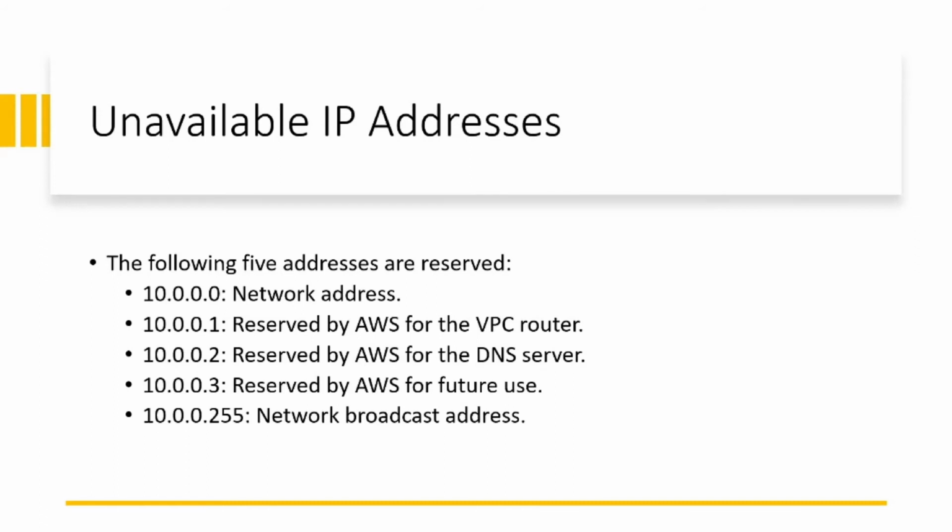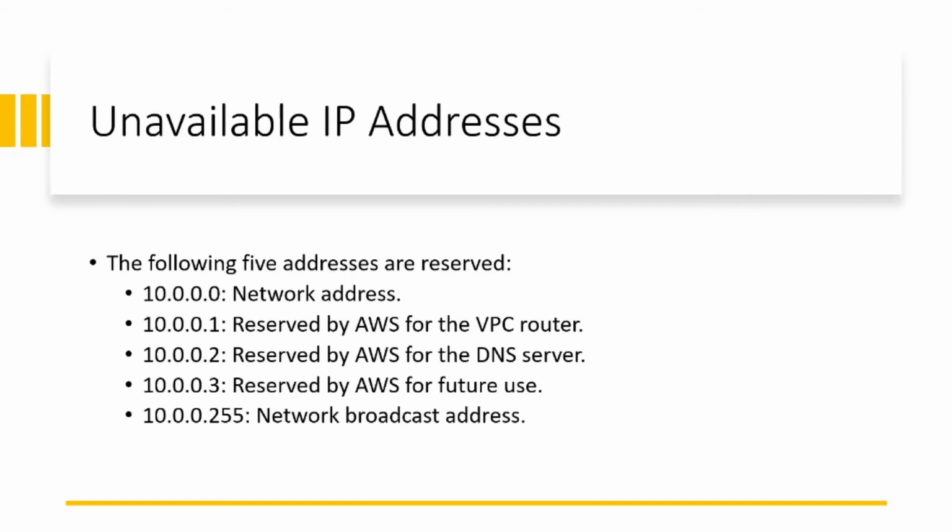Interestingly, at least I found this very interesting, there are 5 addresses that are reserved for Amazon specifically. 10.0.0.0 is for their network address. The 0.1 address is reserved for AWS for the VPC router.